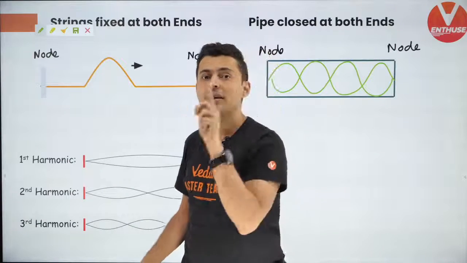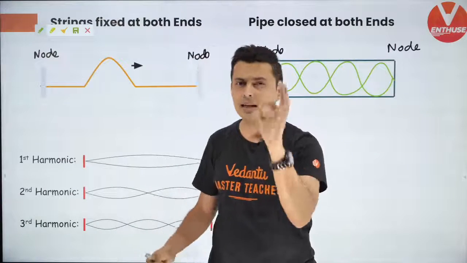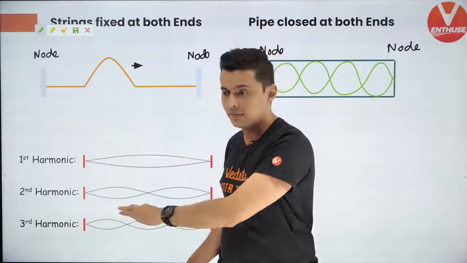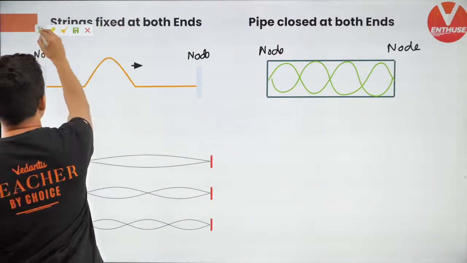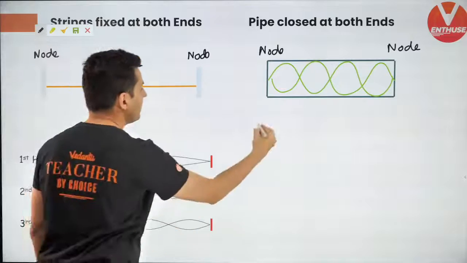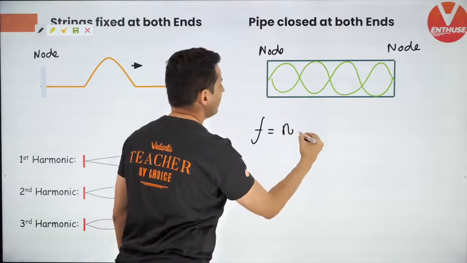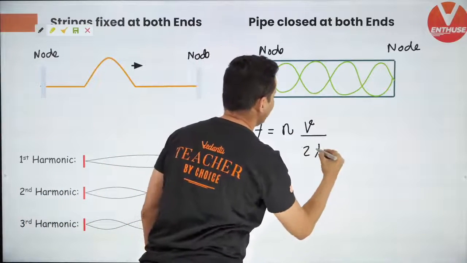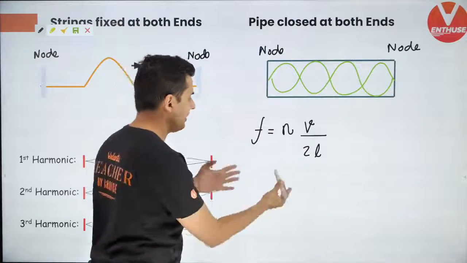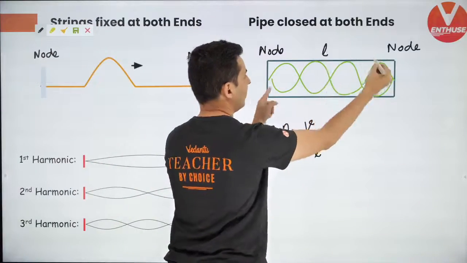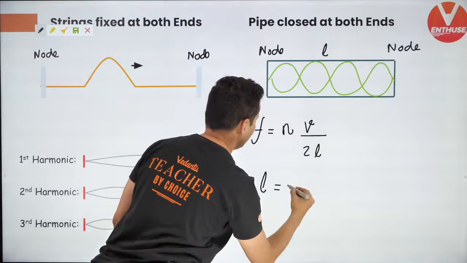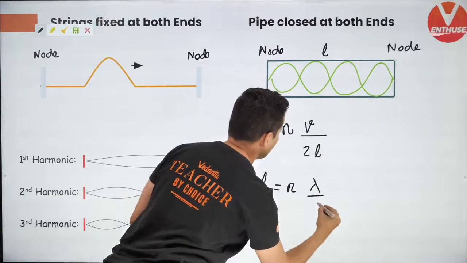If only certain wavelengths can fit in, that means only certain frequencies can fit in, and that formula is, well, here it comes. The formula is f = nv/2L. And you can also derive this using this simple logic. Whatever the length is, that length is n times lambda by 2.